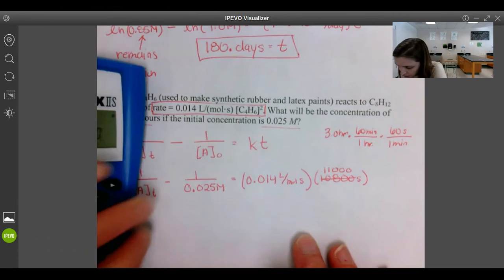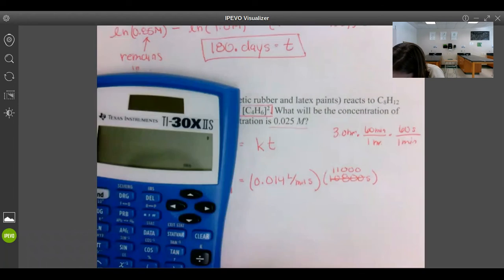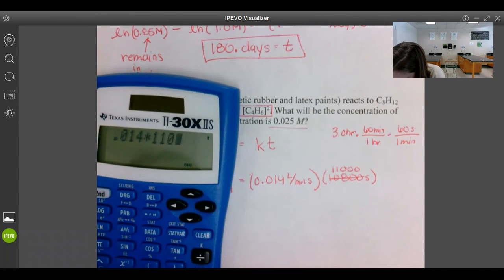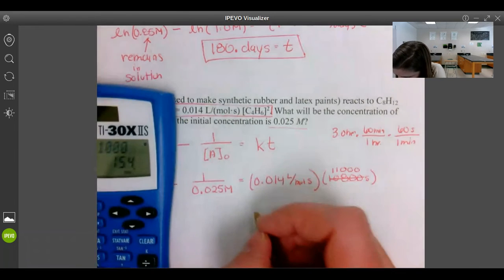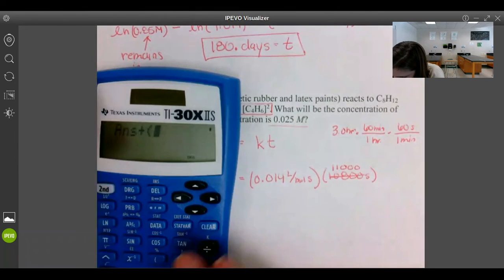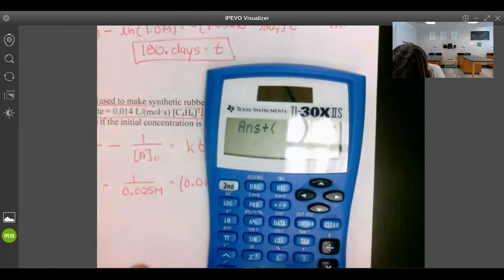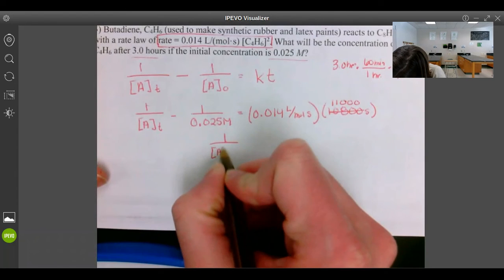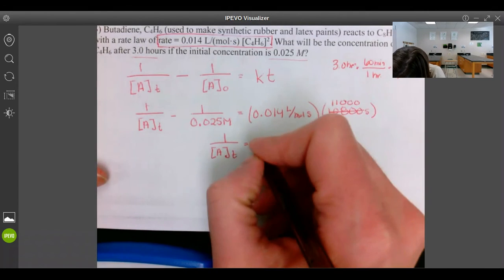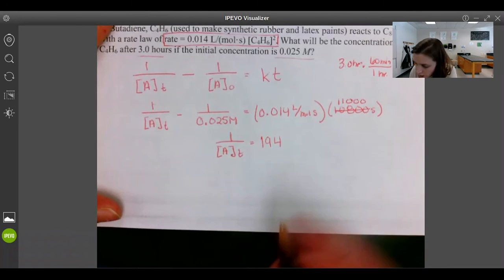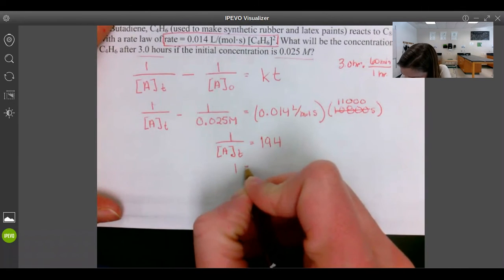All right, so from here, how I would go about doing this is I'm going to multiply my left-hand side, and then I'm going to add this value here. So I get this value. I'm not going to worry about rounding off right now. Equals 194. And this is just how I have to mathematically go through this.